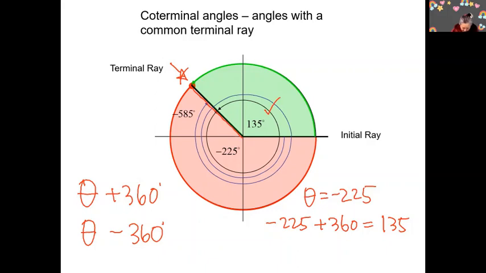Then the second one, the original angle was negative 225, and then it was looking for coterminal angle which way? Clockwise, that means negative. So it's negative 360 there. And then if you add both and keep the negative, it does give you negative 585.